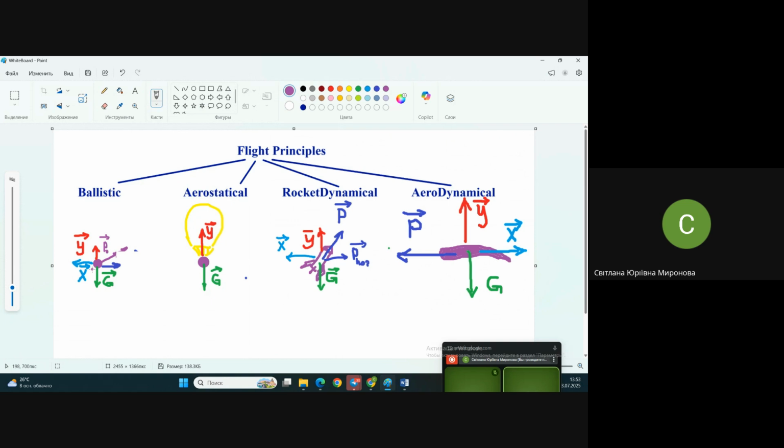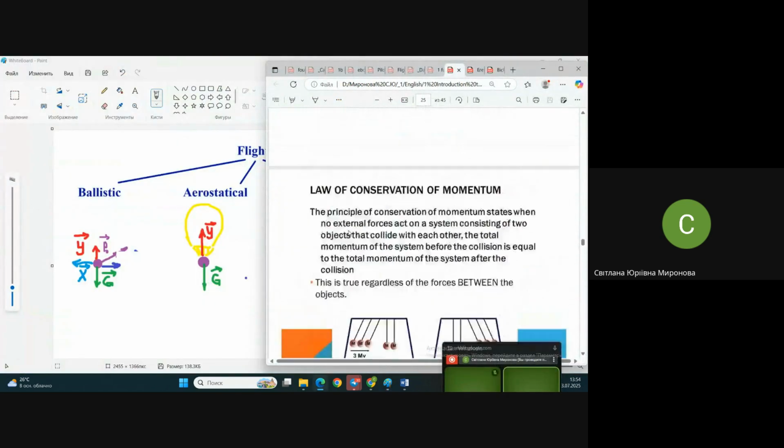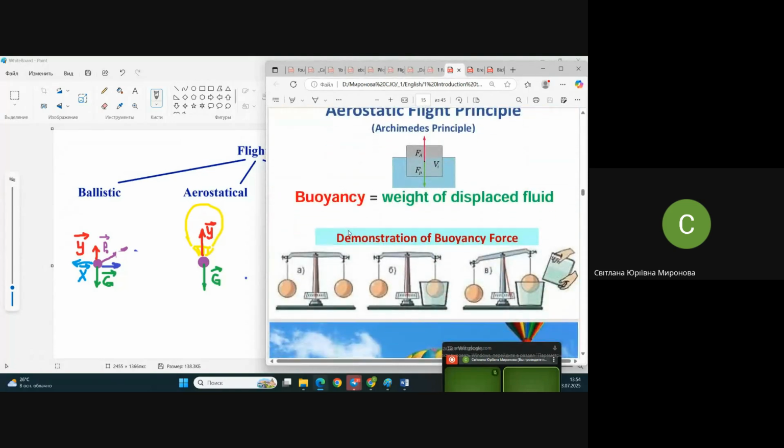Aerostatical flight is due to the buoyancy force. What is the buoyancy force? It's one more name for this principle, once again, the Archimedes principle. The buoyancy force is a force equal to the weight of the media which is replaced by your aircraft. Maybe it is difficult to explain, so let's come back to the picture that illustrates the buoyancy force.